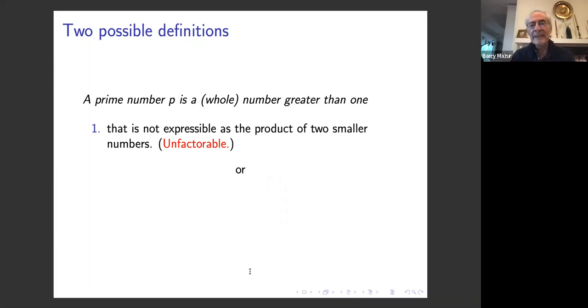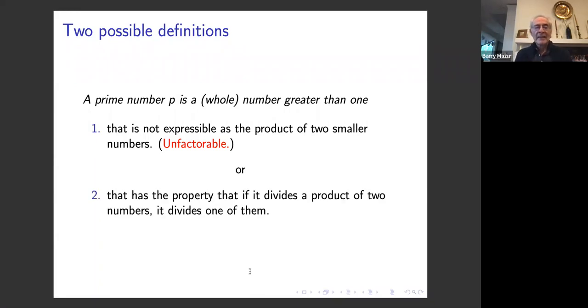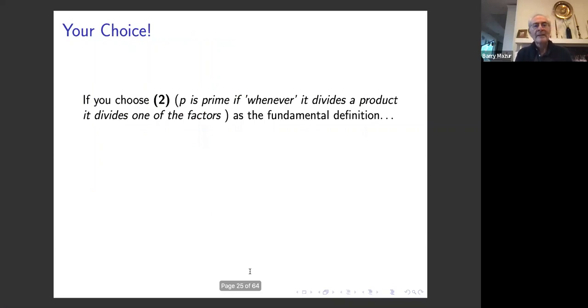A prime number P is a whole number greater than 1, first definition, that is not expressible as a product of two smaller numbers. It's unfactorable. Or that it has the property that if it divides a product of two numbers, it divides one of them, a kind of divide and conquer property. Your choice, you can choose.